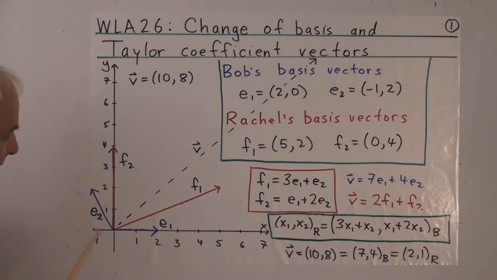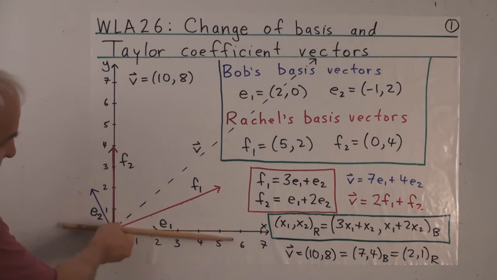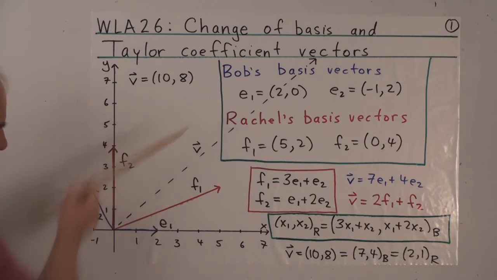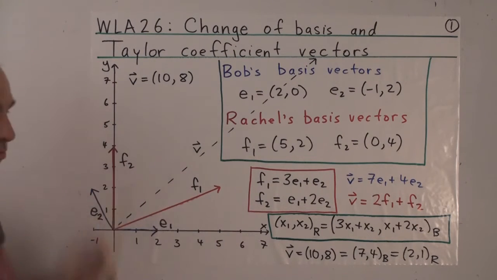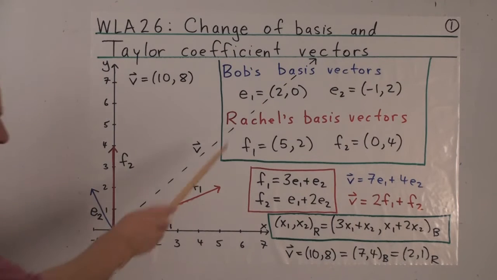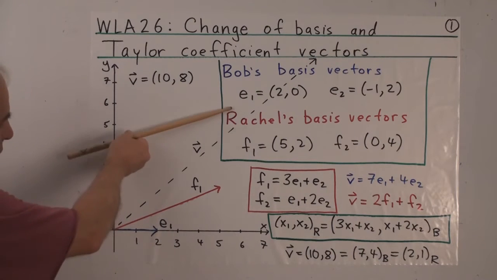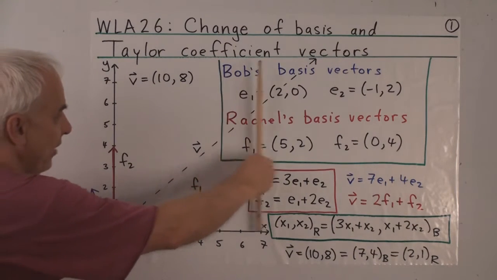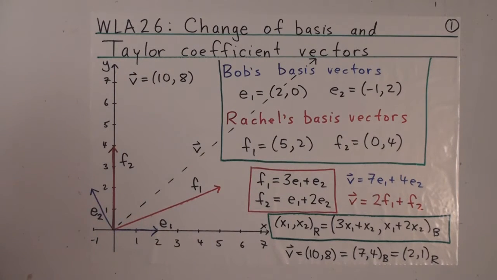When we were talking about Bob's system, we introduced not just these two vectors, but also a corresponding affine grid. We looked at lines that we can draw, equally spaced and parallel to the two vectors, making a grid. And then there were Rachel's basis vectors, which looked something like this. It was F1 and F2, and she had a corresponding grid of lines made parallel to these vectors.